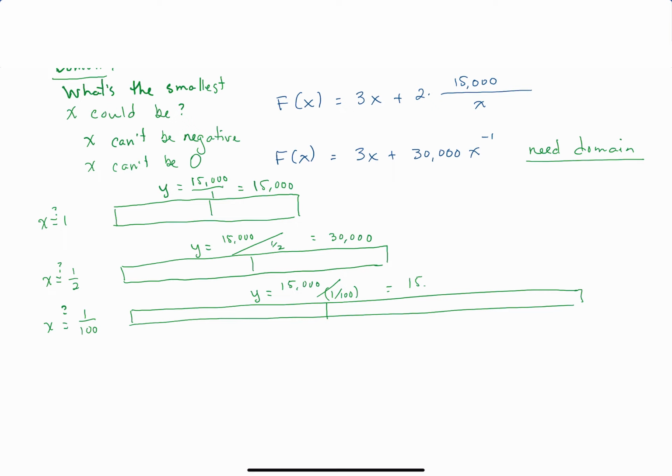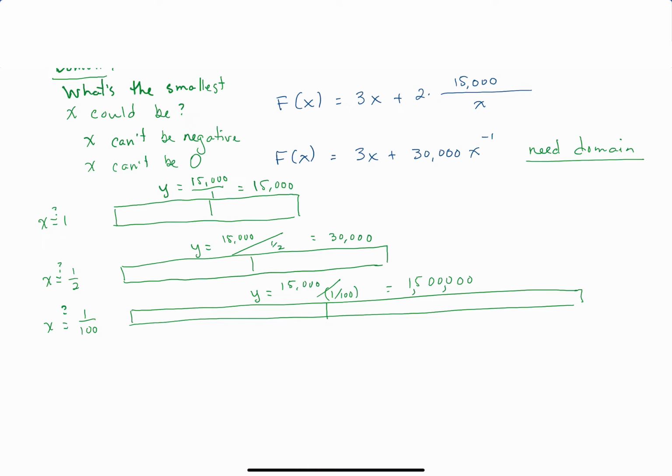So that's going to be 15,000 with 2 more zeros. So that's 1,500,000 feet. Again, that would be a crazy way to make a field. I mean, you wouldn't have cows or a row of vegetables or whatever that's only 100th of a foot wide. That'd be like, what, 1/10 of an inch.